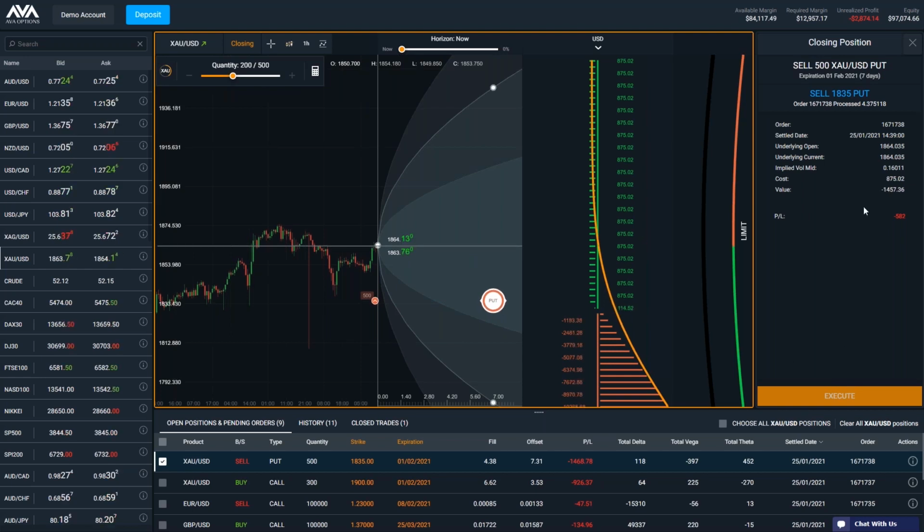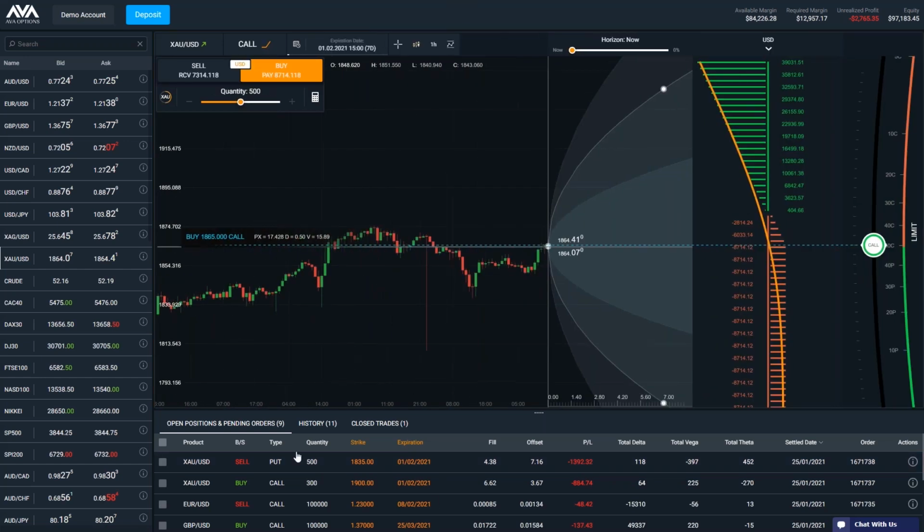And we'll get a partial close. There you go. And you'll see that the open position is going to change to 300 in a moment once it arrives into our open positions. And then we'll have equal amounts of the two positions.